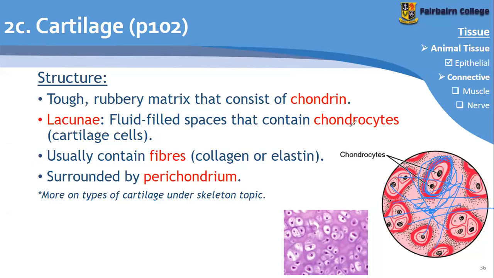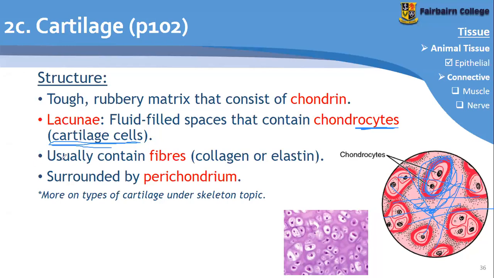The "cytes" part is in both words, and that refers to the fact that these are cells. Chondrocytes are cartilage cells, and osteocytes are bone cells. So the lacunae are fluid-filled areas that house the chondrocytes, the living cells of the cartilage.